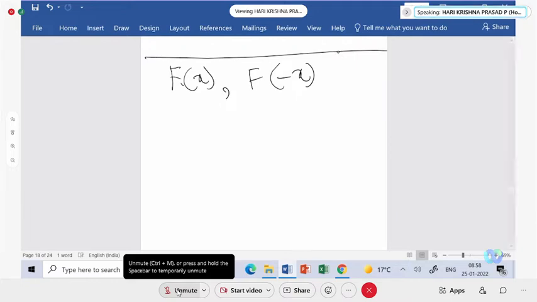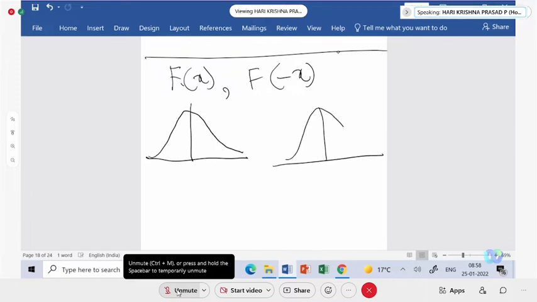For the same density function, I want to show f of x and f of minus x. X is somewhere here. F of x means the area under the density function up to and including x. F of minus x means the area under the density function from minus infinity to minus x. These two are to be related.